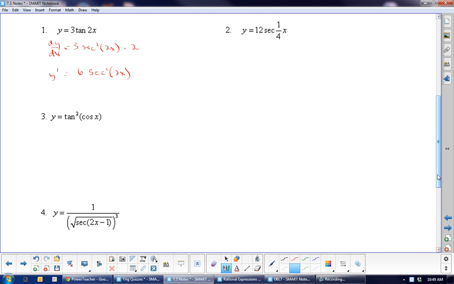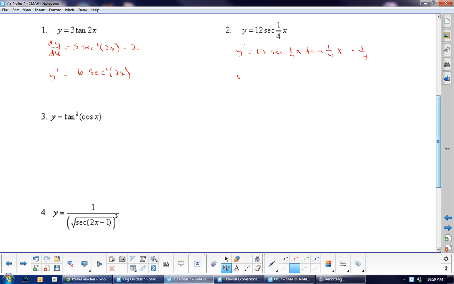So y prime for this one, number 2, the 12 will stay there, and the derivative of secant u is secant u tan u, right? So that would be secant 1/4 x tan 1/4 x. And then we have to do the derivative of the u, which is 1/4.